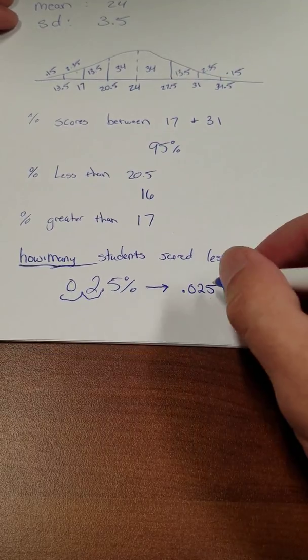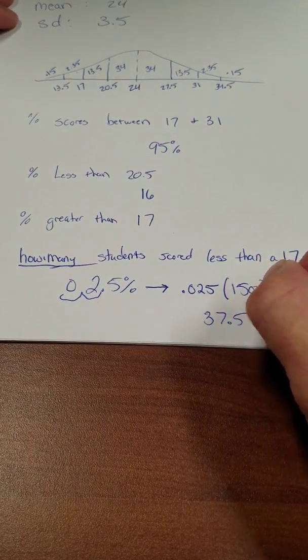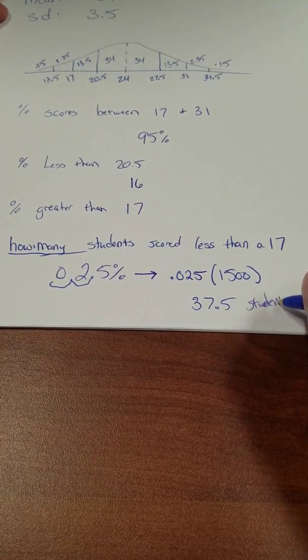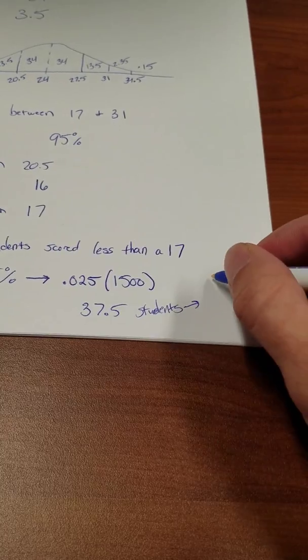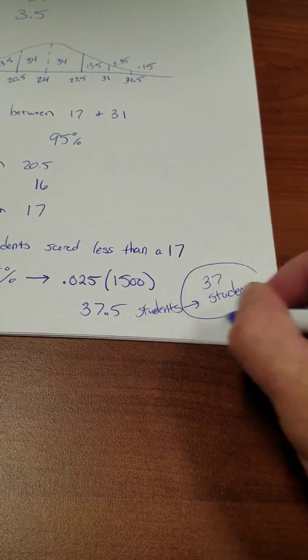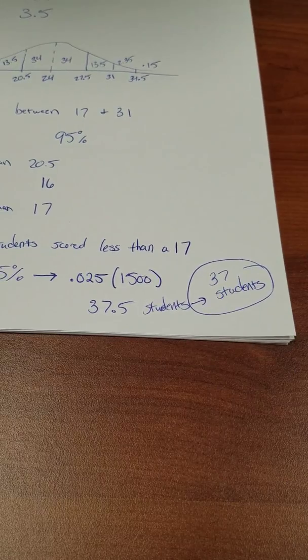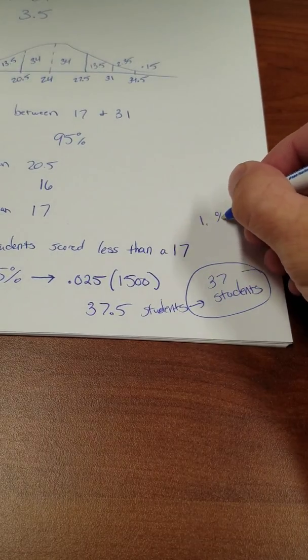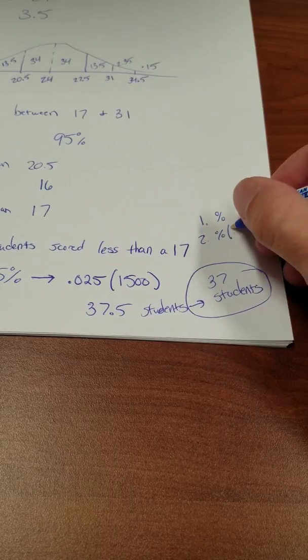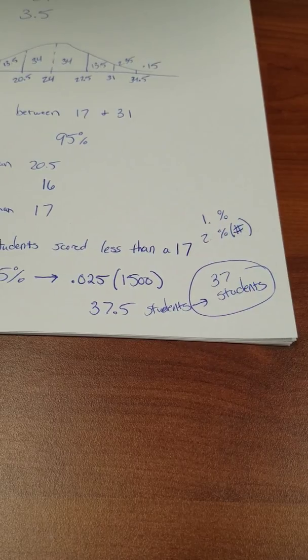It shows me that that was 37.5 students. Well, you can't have half a student, so we end up just saying this is 37 students. So if you end up in a scenario where it's saying approximately how many, first, find the percent. Second, take the percent multiplied by the number of whatever things that you're looking for.